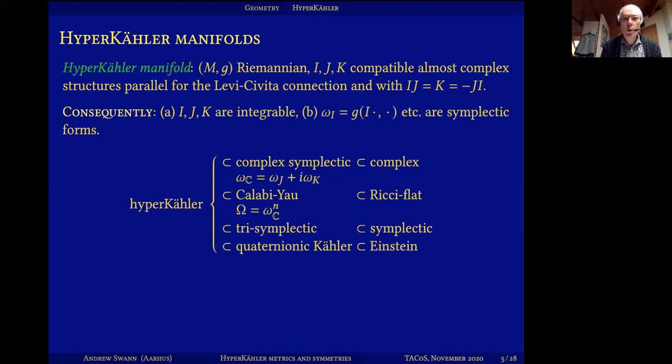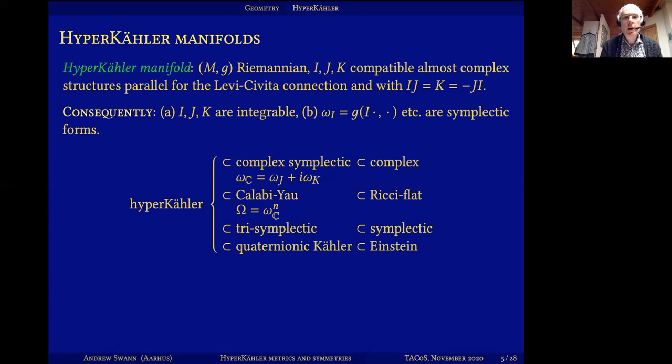I've taken a small sample here in this diagram. If we focus on one complex structure I, then we can take the other 2 symplectic structures, omega J and omega K, and put them together in a complex combination to get a complex symplectic form, usually called omega C. In this way, we see ourselves as a subset of complex geometry in general.